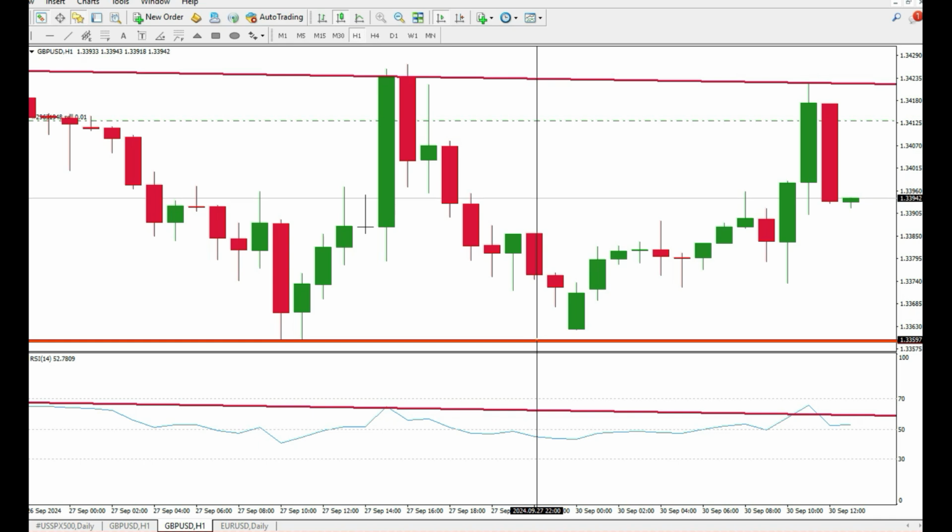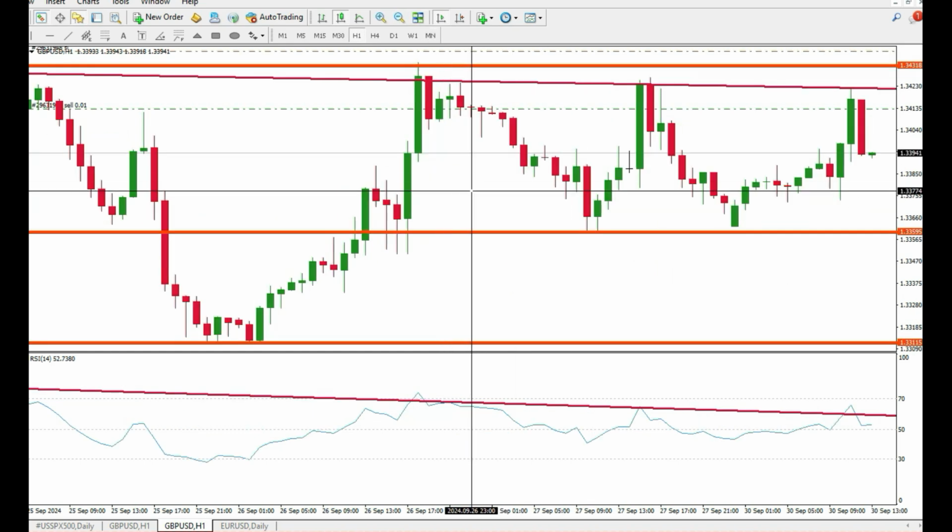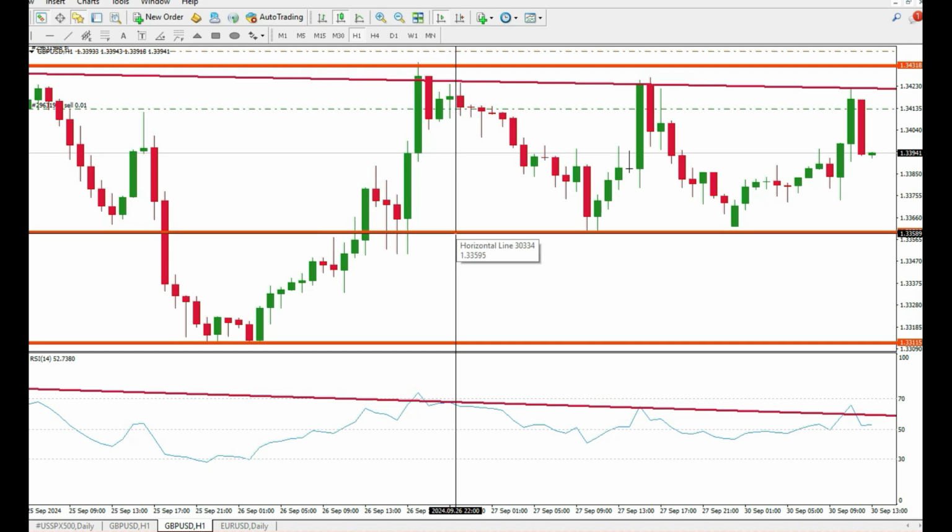Like I said, I want today price to try with all efforts to break 1.336. So this support is crucial. This support 1.336 is crucial to be broken if I want to see this bearish week. This week can be bearish, but only if we see the break here.